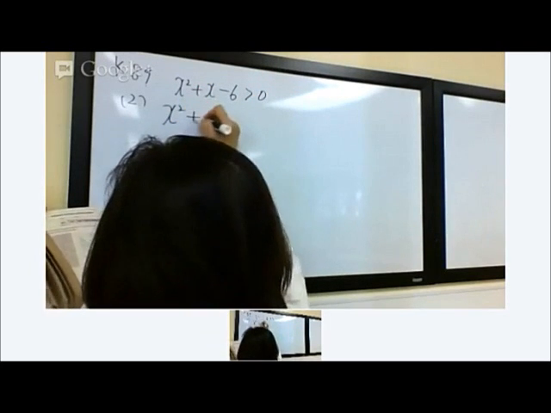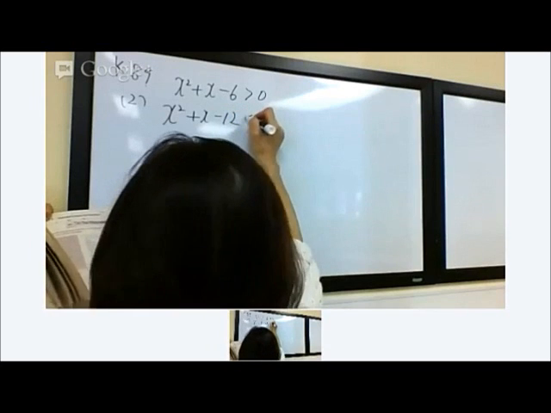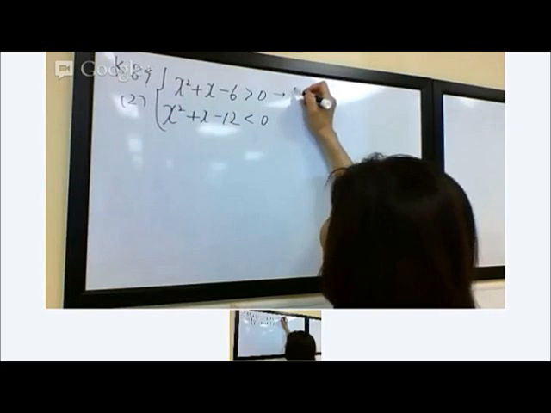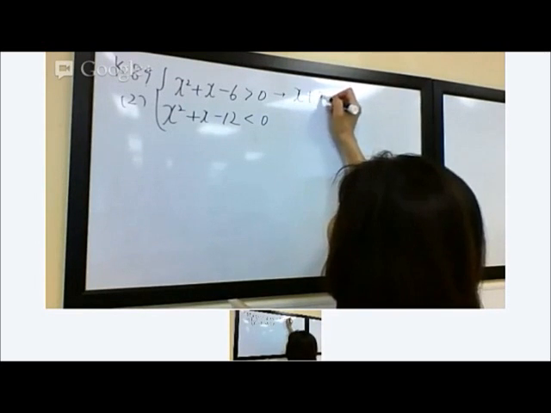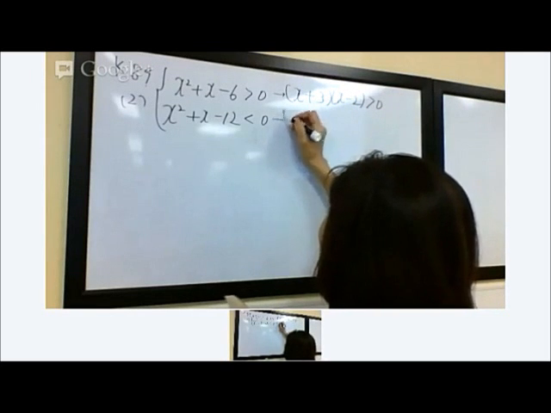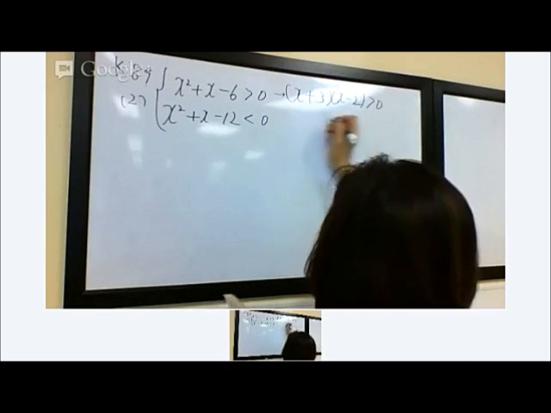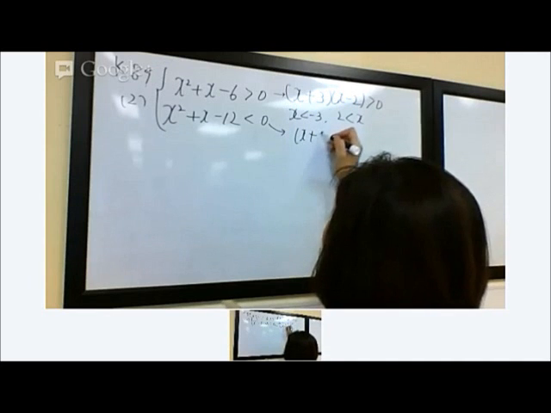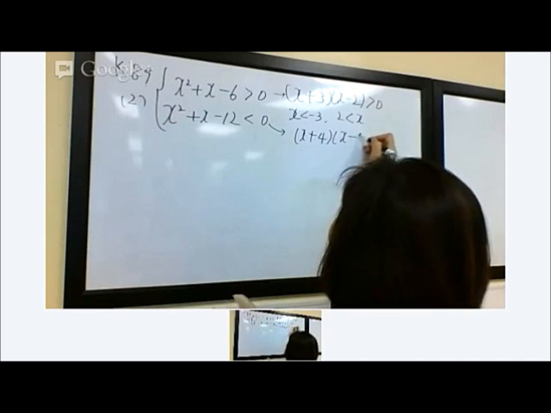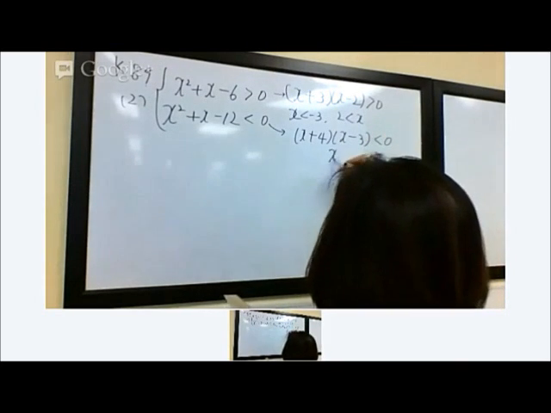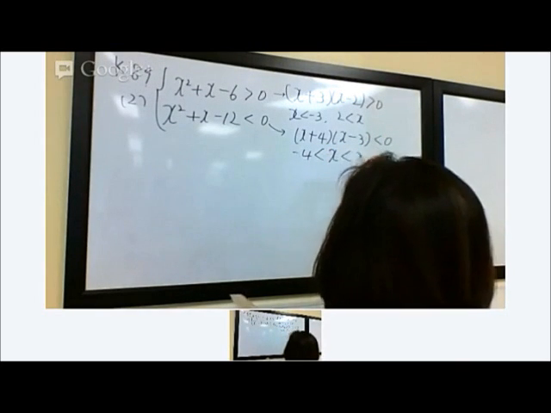X squared plus x minus 12 less than 0. So this one factors: x plus 4, x minus 3, less than 0. So x is between -4 and 3, right?